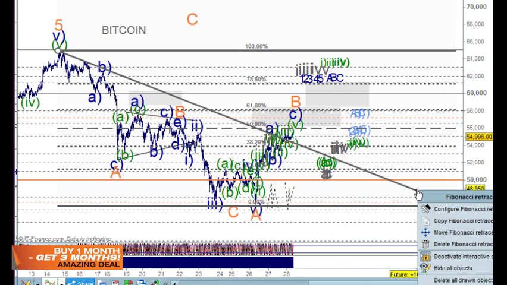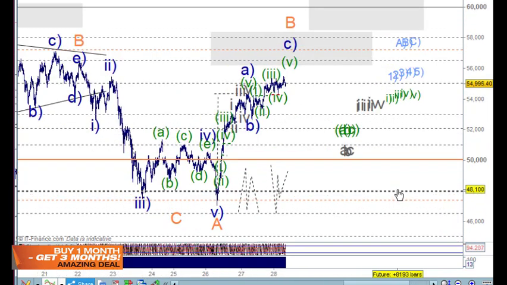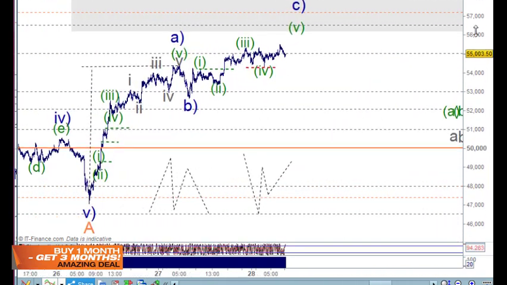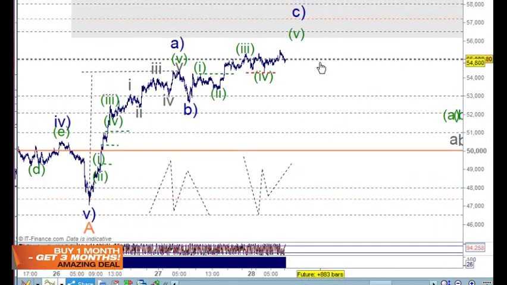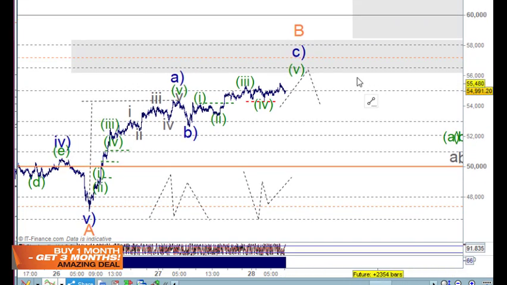What I was thinking is that once this 5 waves finishes here, once we get this 5th wave in, that's a possible turning point for this as an A wave, a B wave, and a C wave, and then move down. So it takes us into the 50-60% retracement level area.